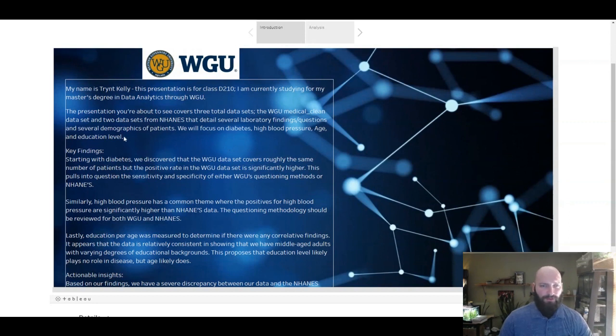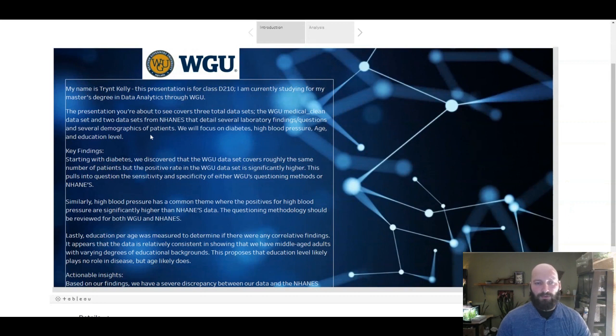The demographics include everything that you would expect: age, education, gender, things like that. And on the lab side, like I said, it's focusing on diabetes, but it also factors in high blood pressure.